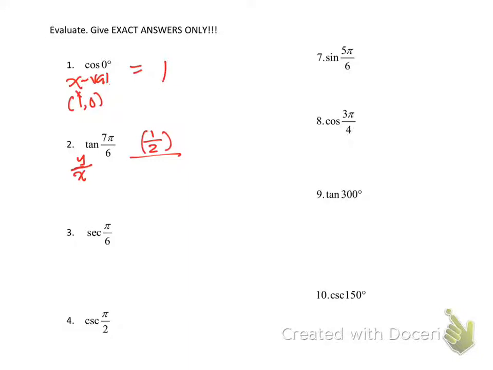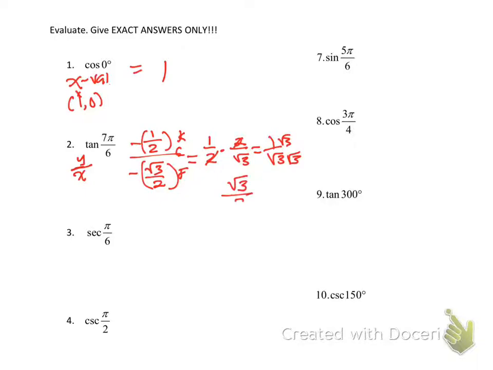Your x value is root 3 over 2 in quadrant 1, right? So then that means in quadrant 3, x is negative and y is negative. And then when you're dividing by a fraction, that's when you keep, change, flip. So 1/2 times 2 over root 3. So this is really 1 over root 3, which algebra doesn't let us stay there. So I'd have to do root 3 over 3.